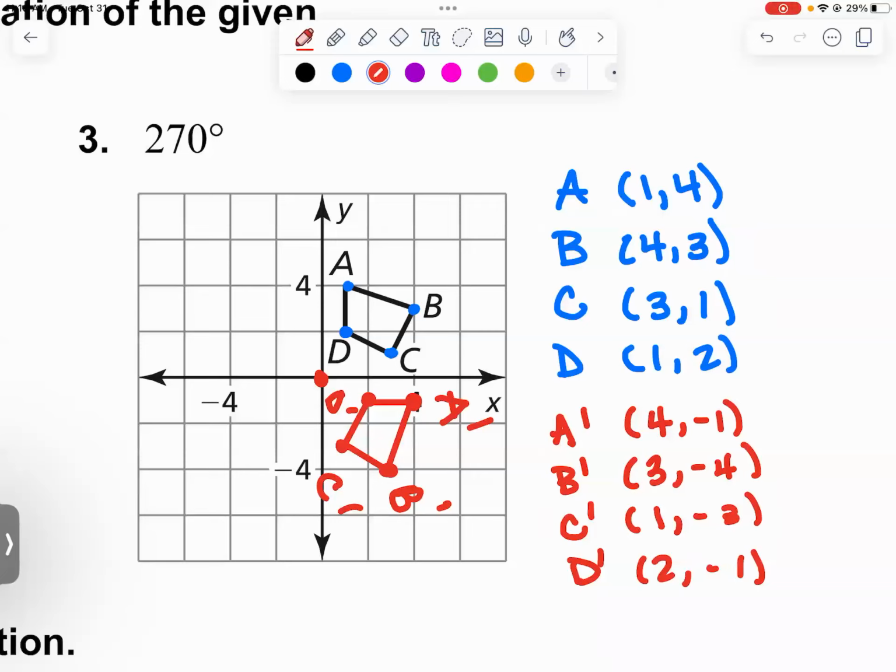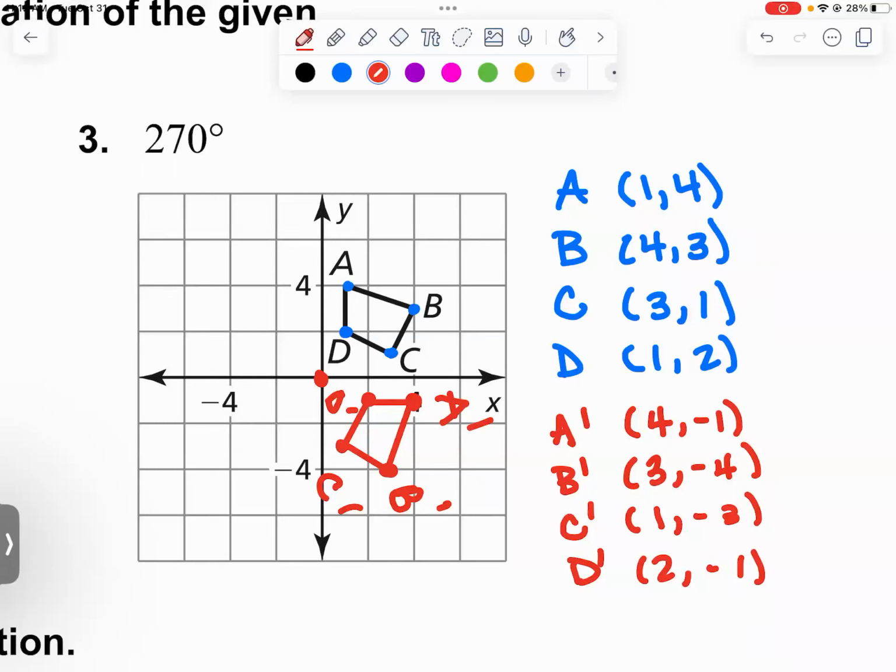I'm so confused on how to get it. So rotate it 3 times. Okay, so you're always gonna go to the right, Alexa. So here's my paper. I'm gonna go to the right, to the right, to the right.